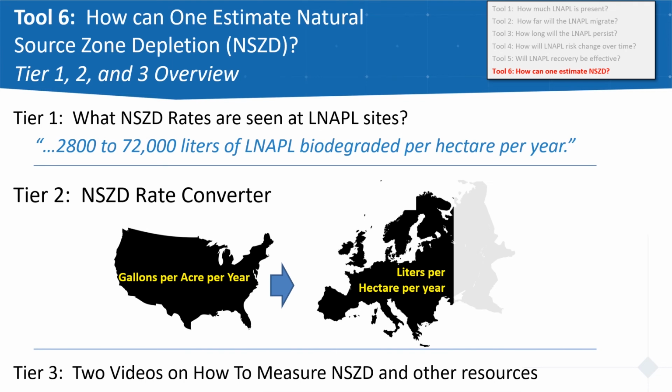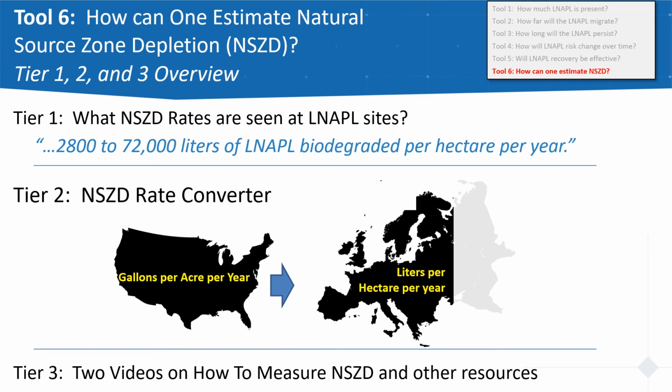Now, one problem with this NSZD world is that people are using a lot of different units to reflect these rates. So for an example, you read a paper from the US, a scientific paper, it might say, hey, here's this rate in gallons per acre per year. Not very helpful, say, if you're in Europe. But we have an NSZD rate converter, which you just put those numbers in, and there it goes. It will give you that unit, something that's more tangible to people, liters per hectare per year. There are other units that people use.